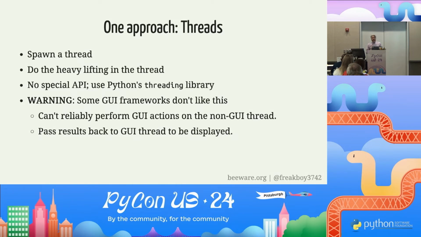You can do this in Toga. Python has threading in the standard library. You can just use standard Python threads. Knock yourself out. But anyone who's actually done threading knows threads can be a bit of a headache. There are all sorts of headaches around synchronization and deadlock, but threads in GUIs have an additional complication. Many GUI frameworks will only allow you to make GUI modifications on the GUI thread.